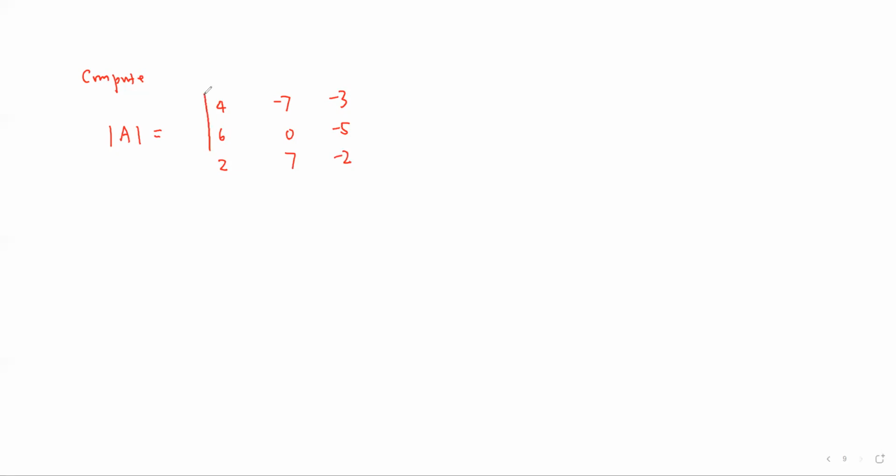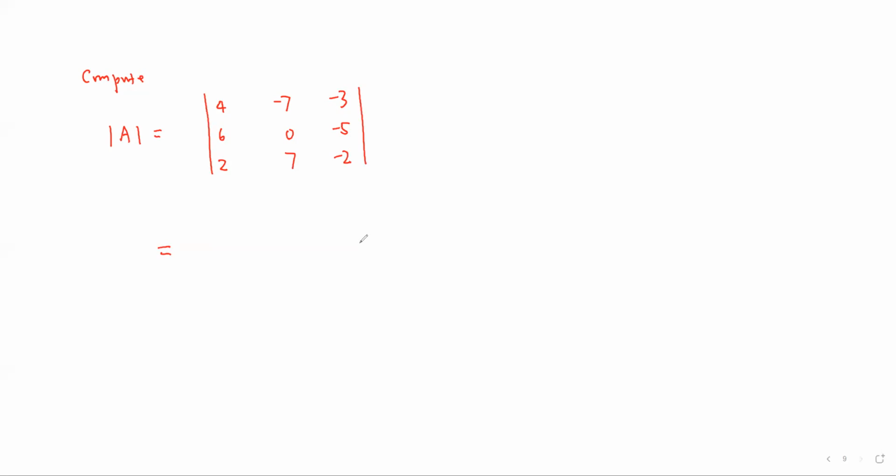So I put vertical lines, which means determinant. Okay. How to compute this determinant? I prefer to use the approach of reducing the determinant to echelon form. I don't like expansion. Okay. Now, let me see.